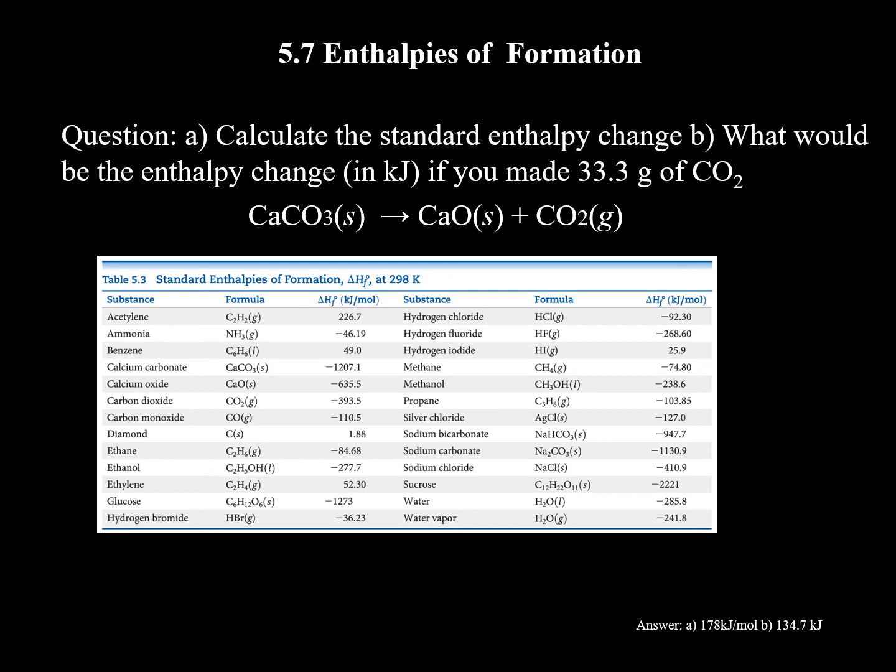We have negative 635.5. This is for our calcium oxide. The coefficient that goes in front is a 1. The next one, we have here CO2. The value for CO2 is negative 393.